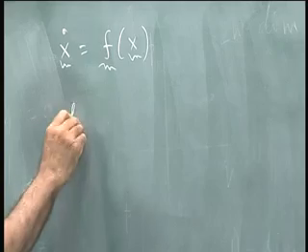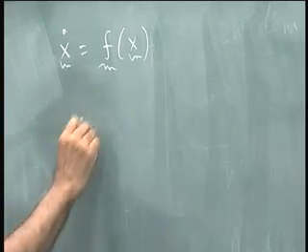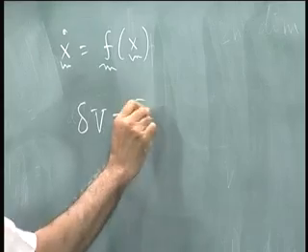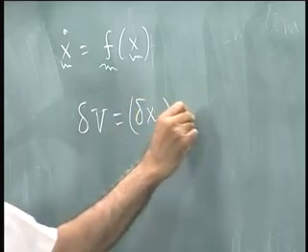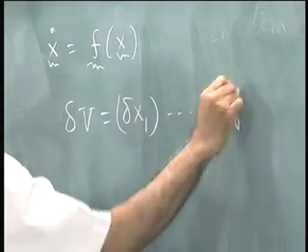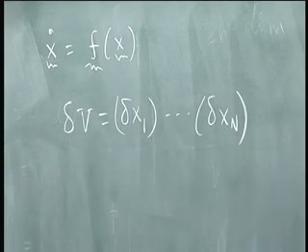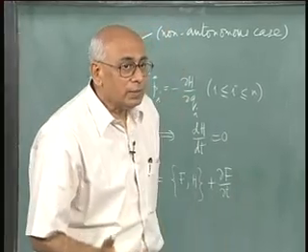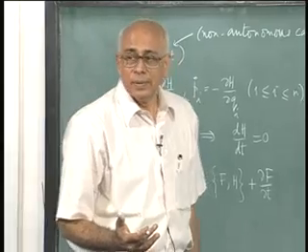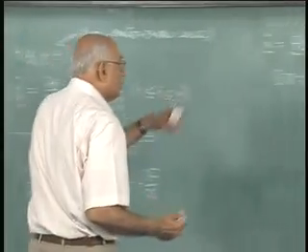and then I said, okay, this flow is conservative in the sense that any volume element delta V, which was defined as delta x1 product up to delta xn, remained unchanged as time went on, provided the divergence of f was 0.